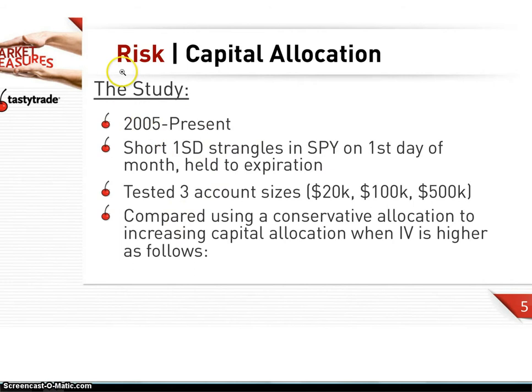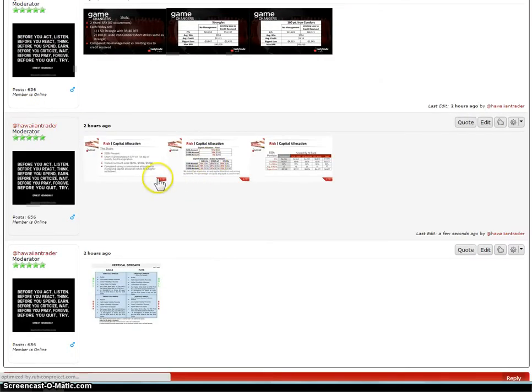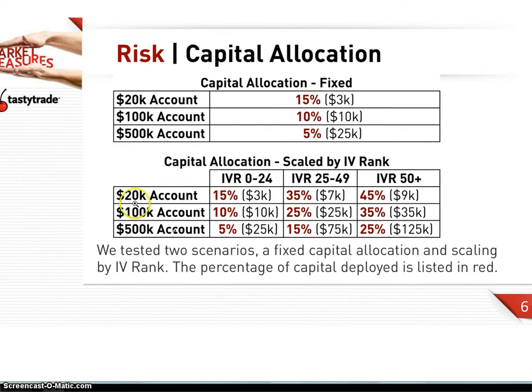One standard deviation from 2005 to now, and I'll show you right here. Based on your account size, if you have a $20,000 account, because IV rank is right here, you don't want to allocate more than 35% at the current time. Because if IV rank climbs, then you want to allocate more of your account to that. So just a heads up.